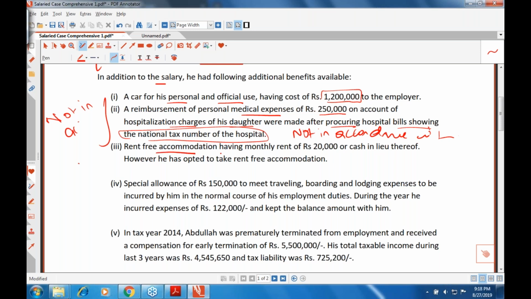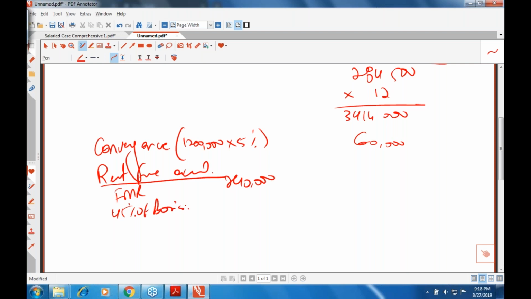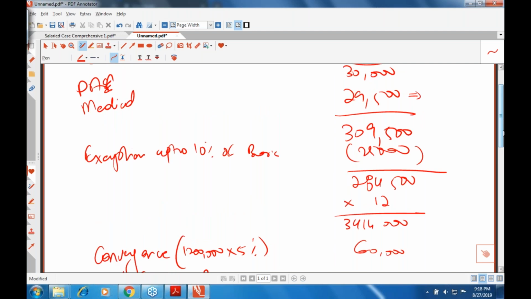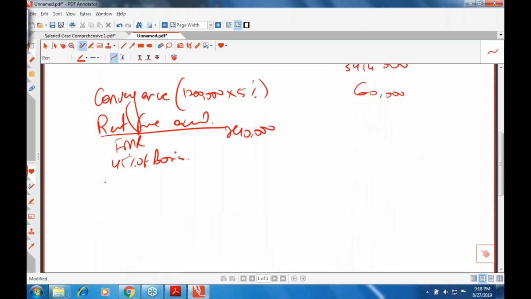It says rent-free accommodation having monthly rental of 20,000 or cash in lieu thereof. However, he has opted to take rent-free accommodation. So when we talk about rent-free accommodation, the fair market rent is 240,000 in a year, and 45% of basic or MTS. So 45% of basic, you've got a monthly basic salary of 250,000.